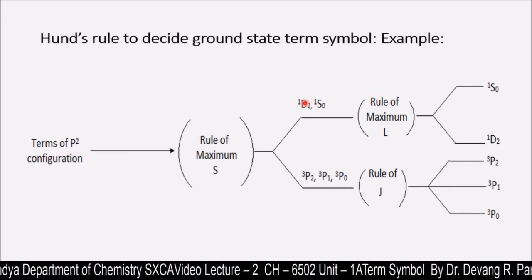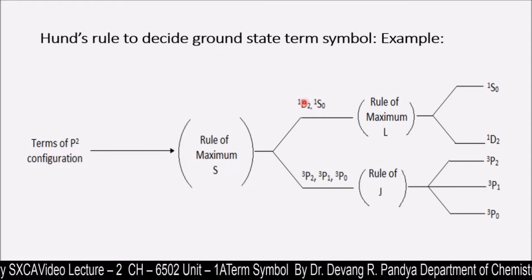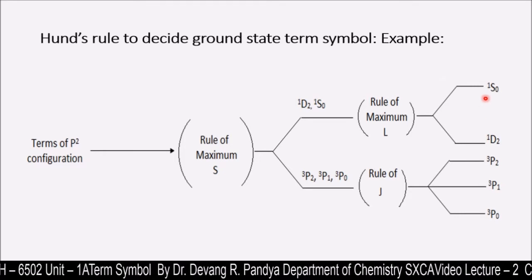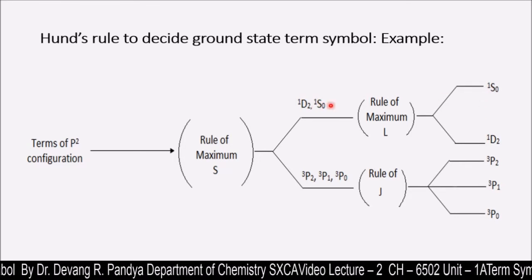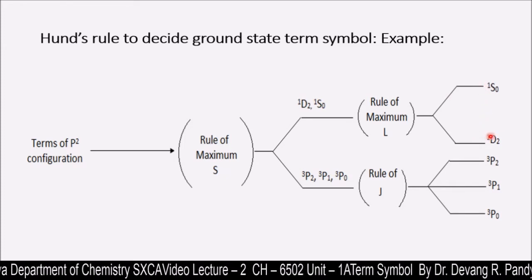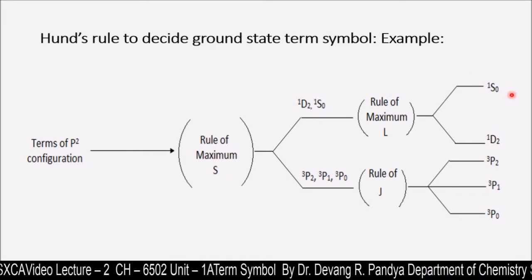That means the maximum value of L is equal to 2 for the D term, and therefore the D term has lower energy, more stability, while the S term has higher energy, low stability. So that way we can bifurcate these two into two energy levels. Singlet D2 is lower energetic, singlet S0 is higher energetic.